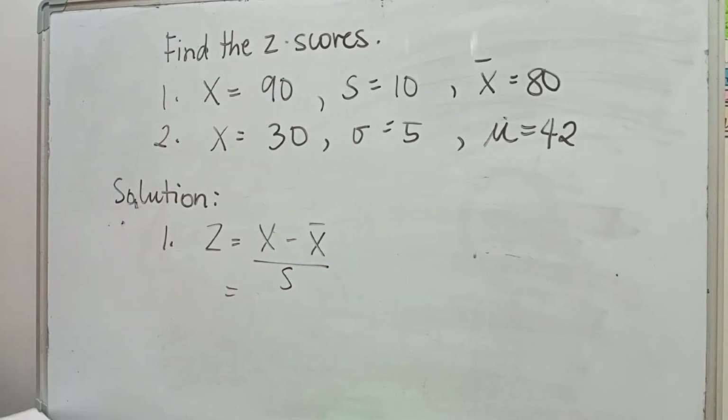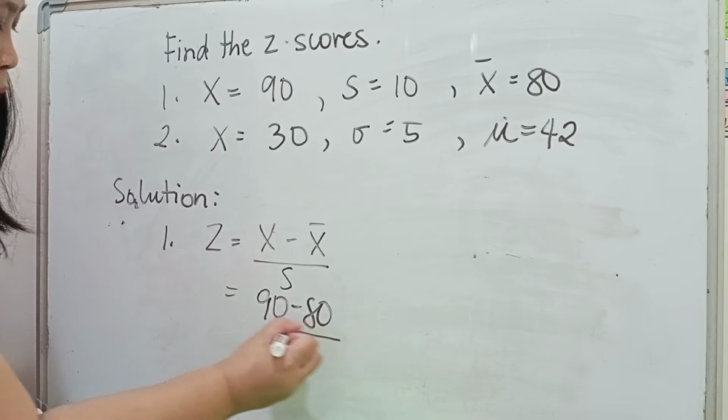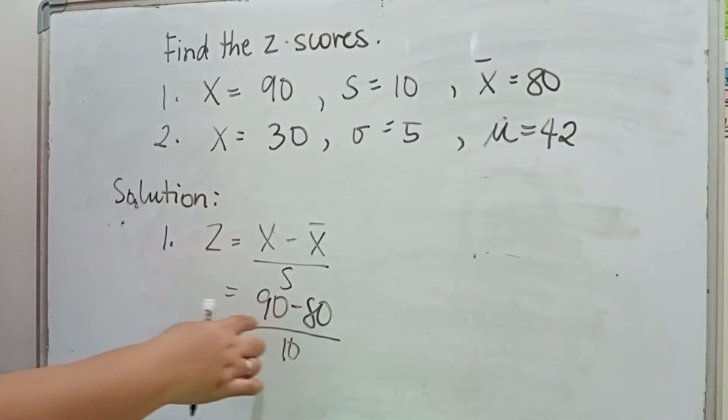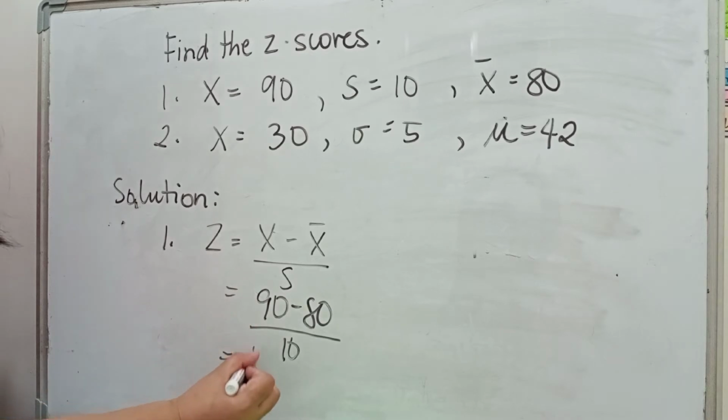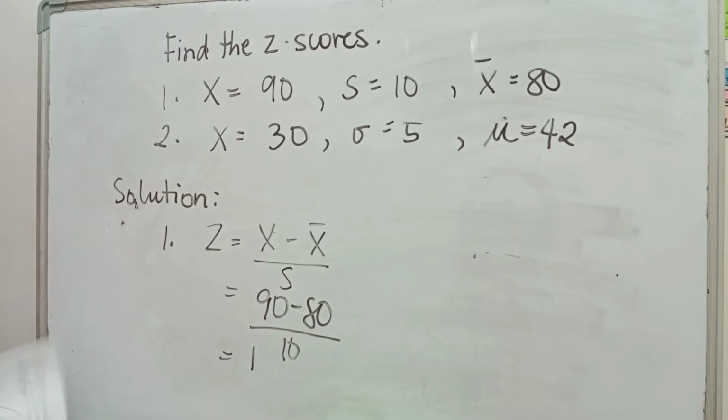So we have 90 minus 80, divided by 10. 90 minus 80 is equal to 10, divided by 10, so we have 1. Therefore, our Z-score is equal to 1. That is within a sample, and of course, our given is above the mean.